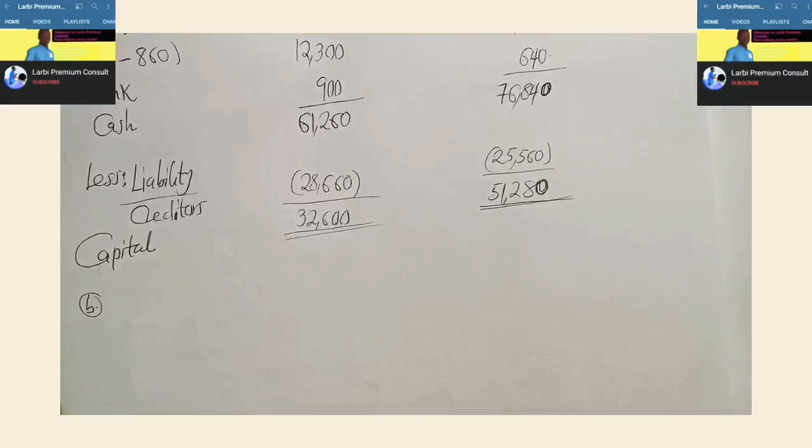We can know that by preparing a statement of profit or loss. And we said that one, we just take into account the capital that we started the business with, right? And the capital at the end, and all other activities that have taken place between when we started the capital in the business and what we actually had at the end of the period.